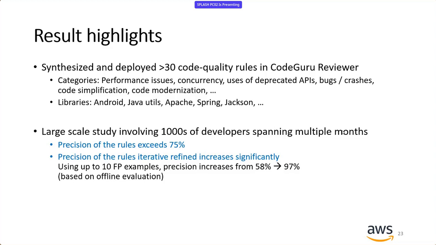We conducted a pretty large-scale study involving thousands of developers spanning multiple months, where developers were shown recommendations generated by these rules in code reviews, and they were able to mark those recommendations as useful or not useful. Based on developer feedback, more than 75% of the labeled detections were deemed useful.